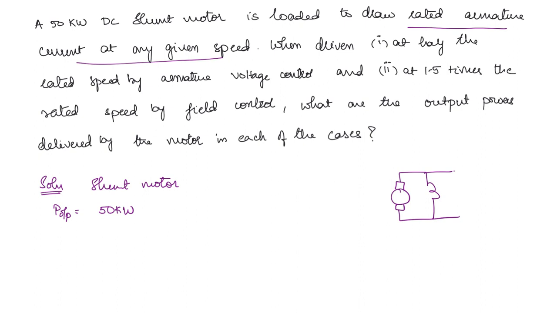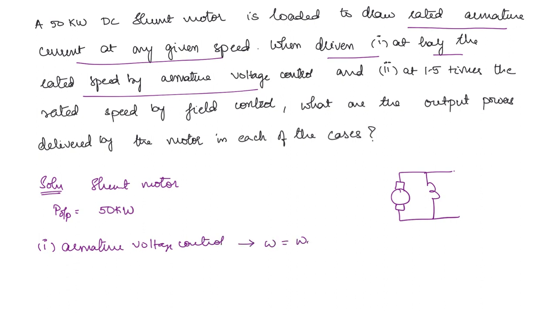Now when driven at half the rated speed by armature voltage control. So in case 1, the speed control that is being used is armature voltage control. And in this case what is happening? The speed will be half the rated speed. So we will take omega r to be the rated speed.